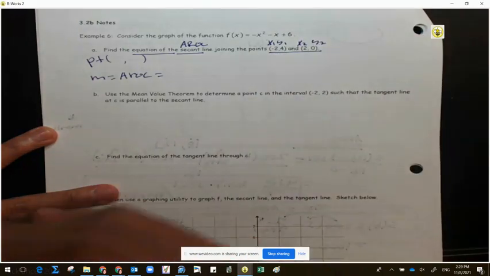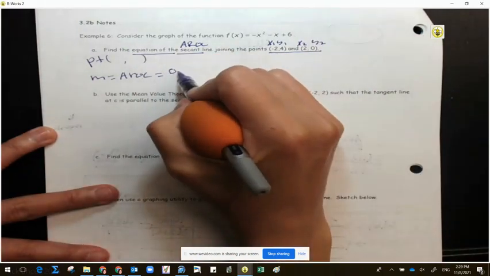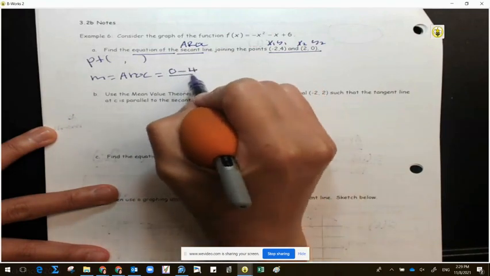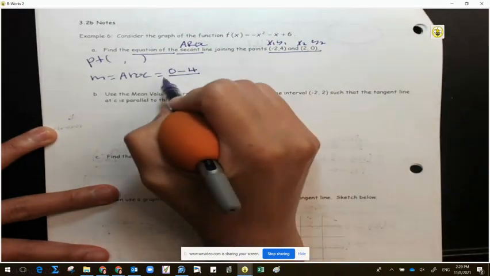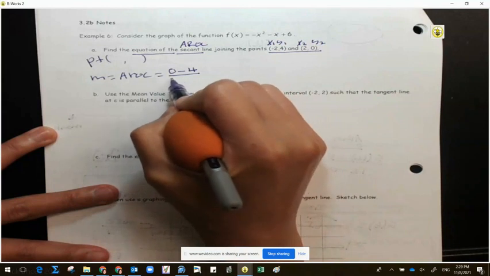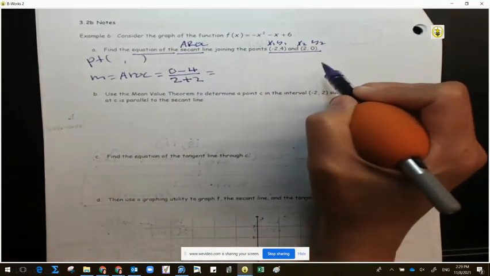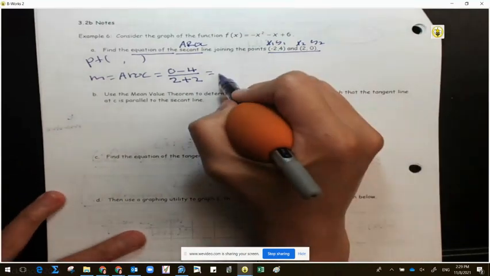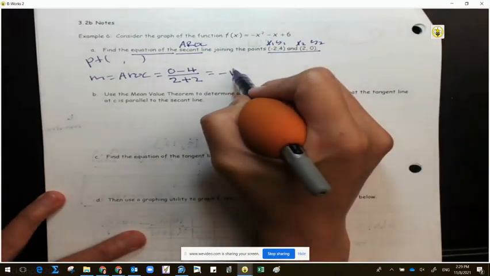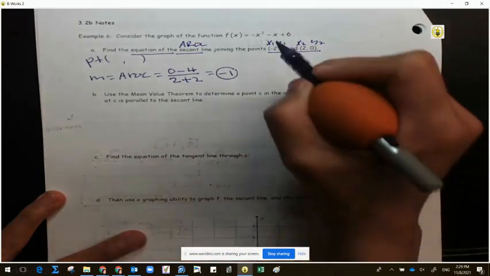So it's y2 minus y1, which is 0 minus the 4. And x2 minus x1 is basically 2 minus the negative 2, which is positive 2. And what would that slope be? Negative 1. So we have our slope.